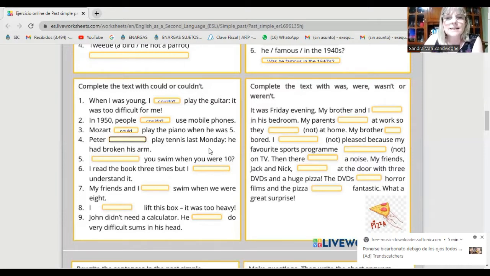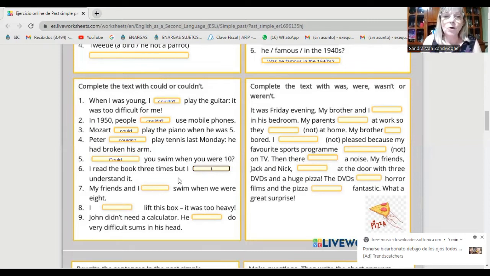Peter played tennis last Monday. He had broken his arm. Se había quebrado el brazo. So Peter could or couldn't. Couldn't play tennis. You swing when you were 10. Bien. ¿Cómo vamos a hacer la pregunta? Obviamente en afirmativo. Could you swim? Could you swim when you were 10? I read the book 3 times, but I understand it.